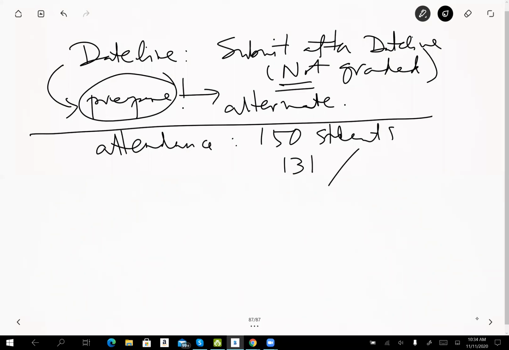So I have how much? 19 people missing. If I look at every class, on average, more than 10 people missing, sometimes I got 15, sometimes 20, sometimes 10. I think that is not good enough.